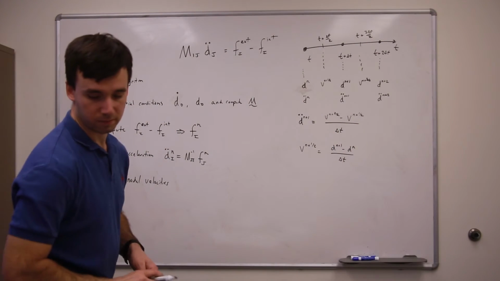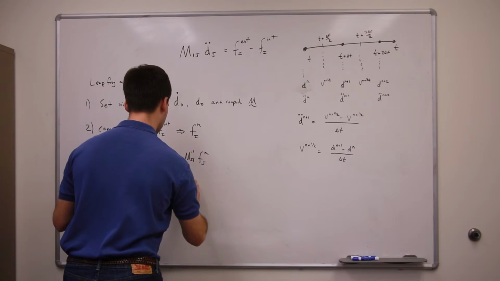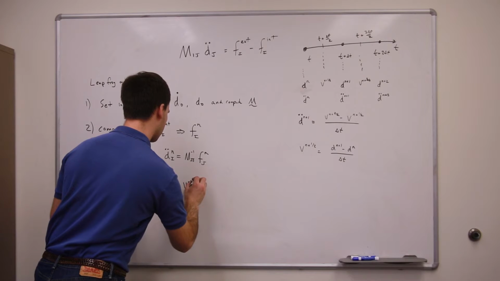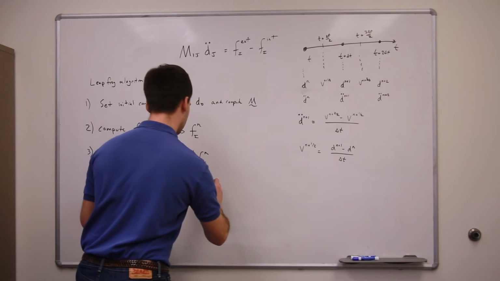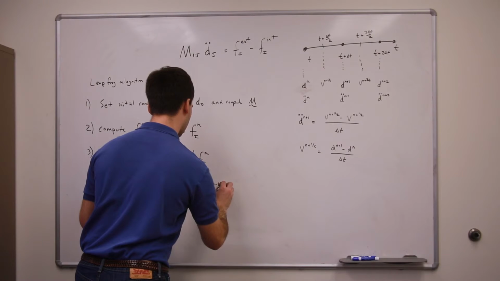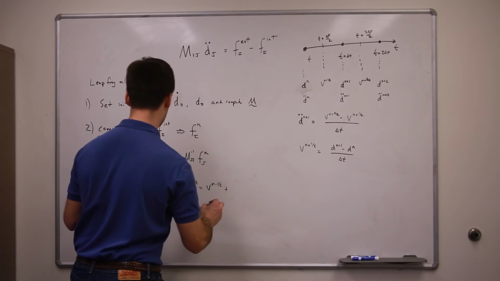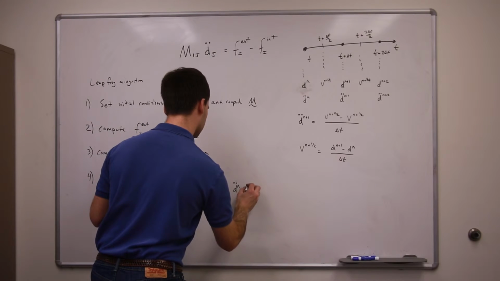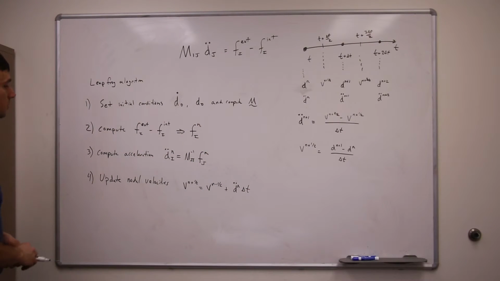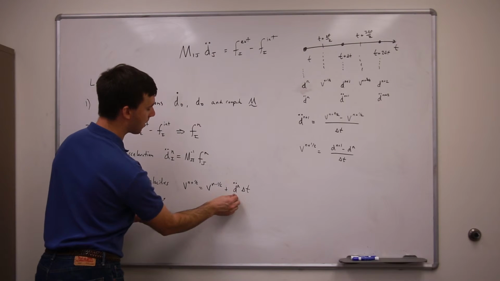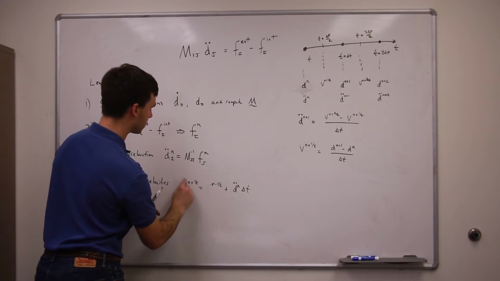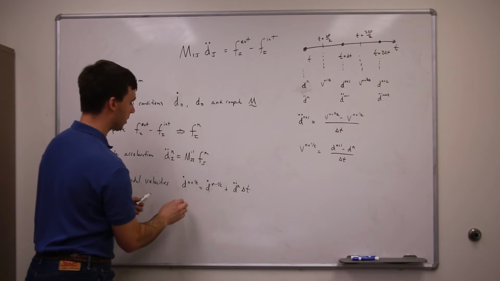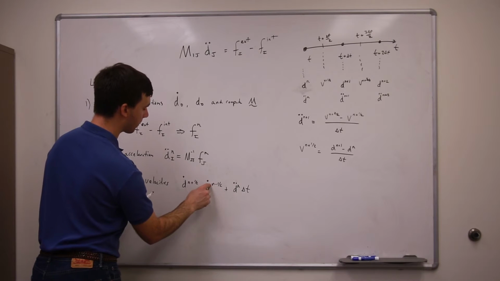And so the equation for this is that v sub n plus a half is equal to v sub n minus 1/2 plus d double dot of n times delta t. So you can see we're just taking this time derivative, well, let's fix this. So instead of v, we'll use d dot. So we have the derivative at the half time step.